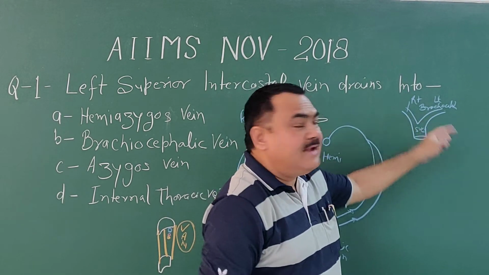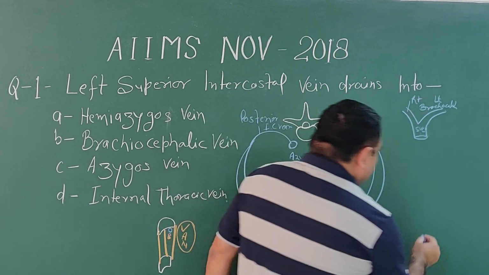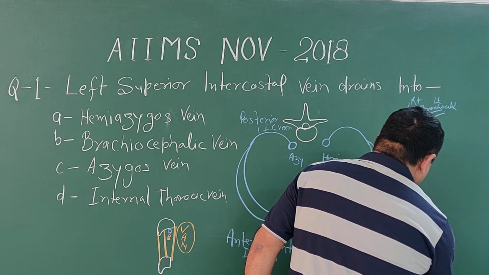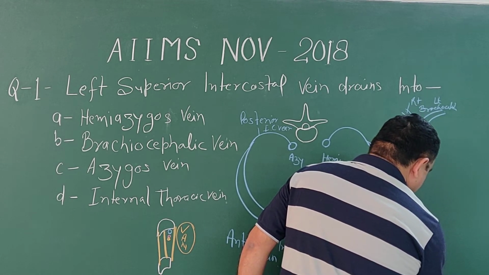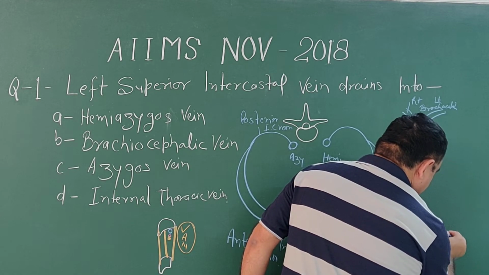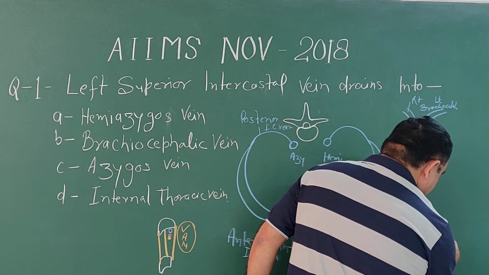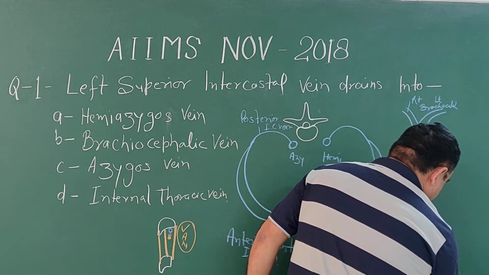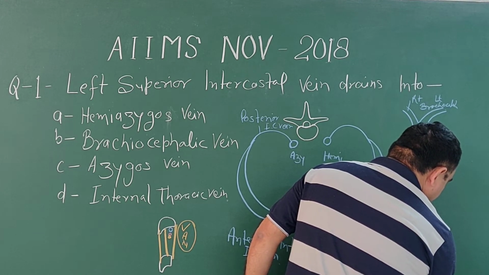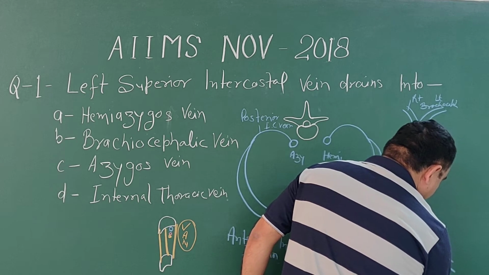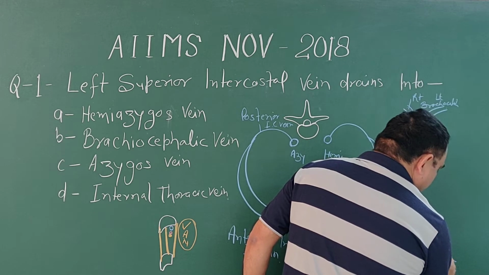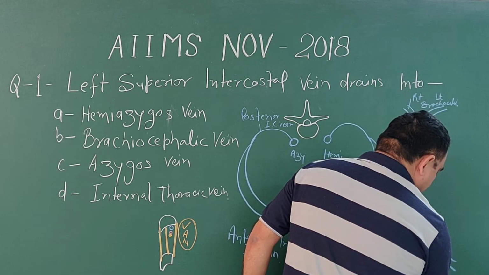These are the two right and left brachiocephalic veins. And here is the position of the inferior vena cava. Here are the right and left renal veins, and these are the two common iliac veins. So these form the inferior vena cava. These are the common iliac veins.